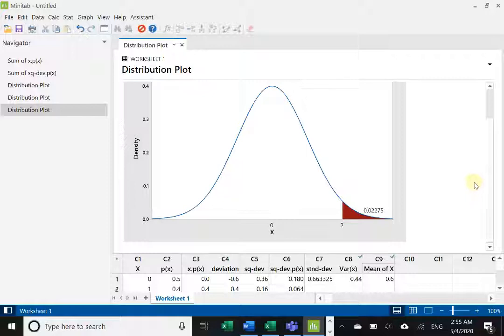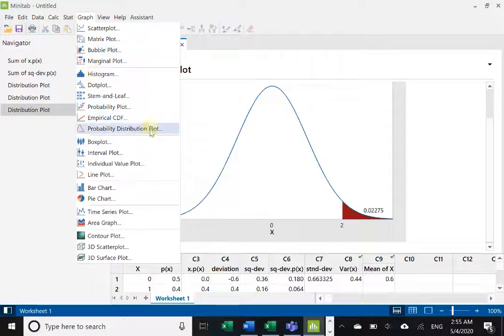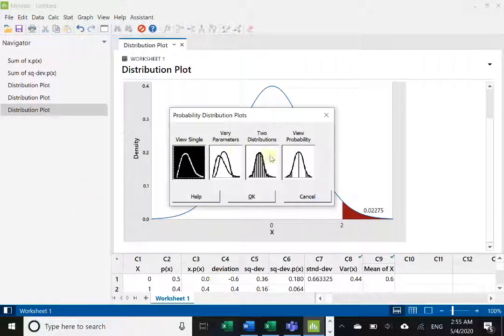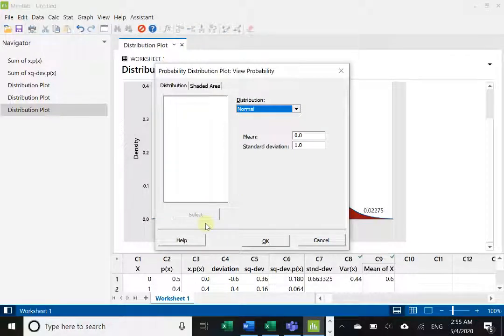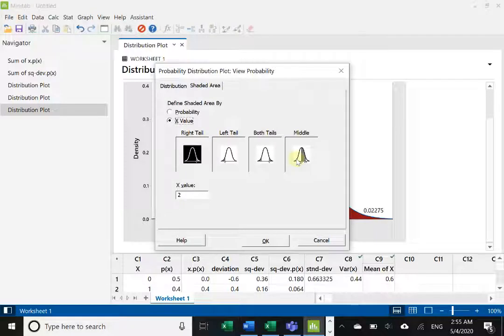The next one was the probability of a z between 1 and 2.4. So I'm going to go again to graph, probability distribution plot, probability. We are doing between two numbers now, right? So shaded area, middle. There you go.